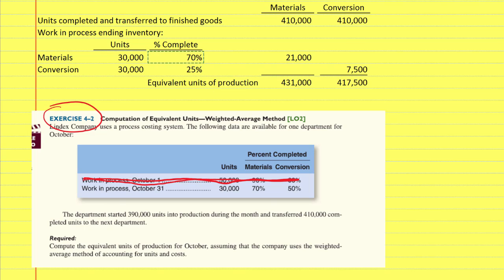And the percent complete with respect to conversion is 50%. So let me drop that in right there. Conversion, 30,000 units have on average half of their labor and overhead. 50% complete with respect to labor and overhead. Get rid of that clutter.